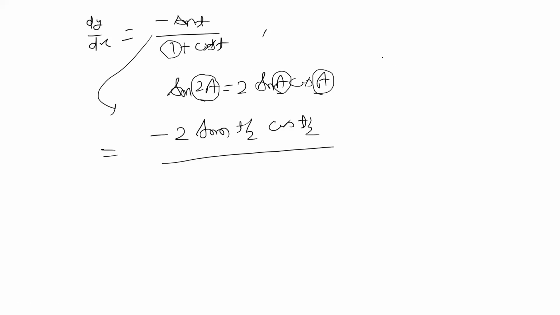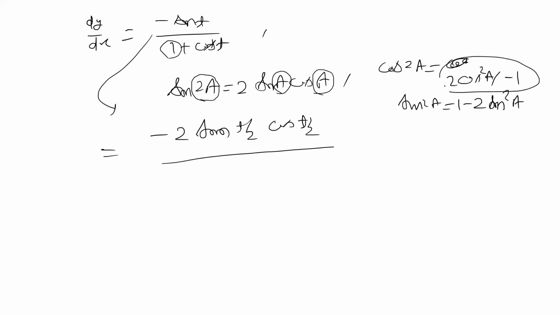So which formula do we apply here? We know the cos 2a formula, 2 cos square a minus 1, and also 1 minus 2 sin square a. We can apply this formula because we want to cancel this 1. So what is cos t here?